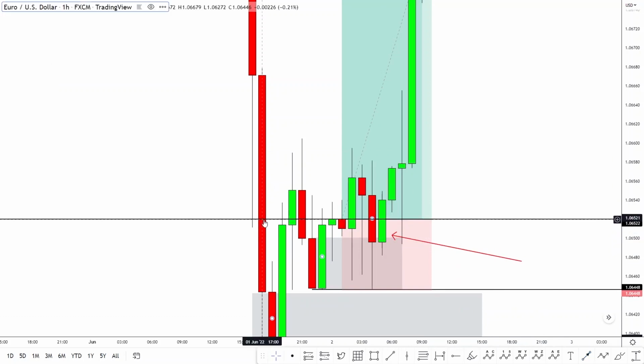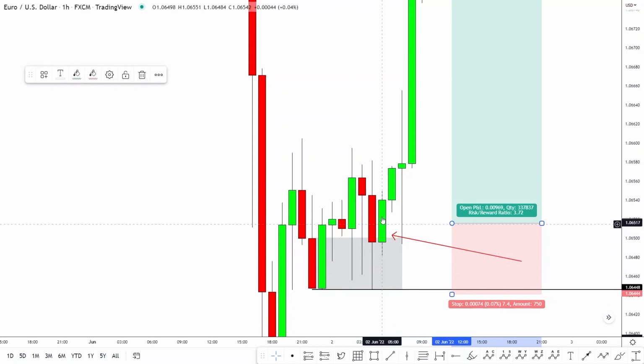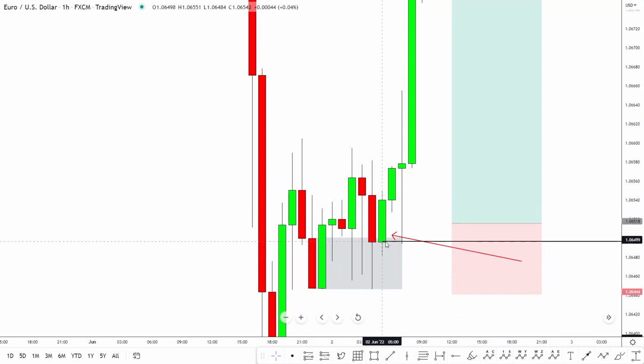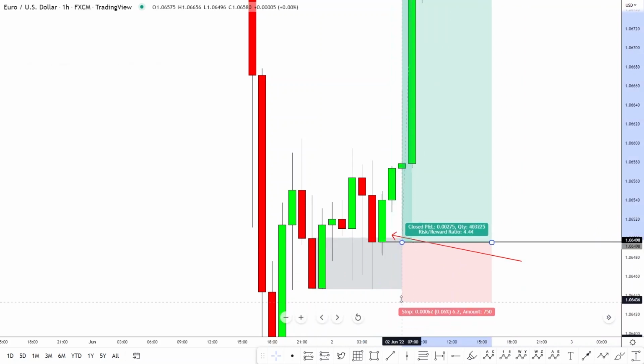Let me remove this one so that this chart can be at least clear for you to understand. So from here, you see this as a confirmation candle, but we already know that this one is not an engulfing candle, so our entry will be below. So from here, you just wait for the market to come and touch.